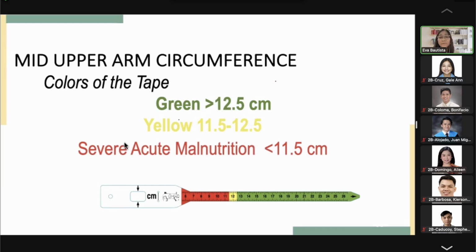So you can diagnose severe acute malnutrition by just this one growth measurement parameter, your MUAC, of course excluding other possible causes. But generally in a child with this measurement, you can intervene right away.